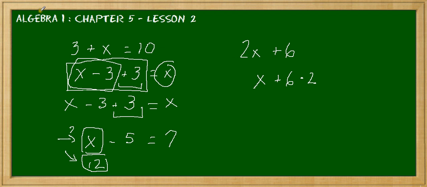But they want to multiply the result. So we should be putting parentheses around this. Now you can write the 2 over here, which is fine, but typically we would put it to the left. So now we have 6 being added to x, and then that result is being multiplied by 2, and that's represented by the parentheses.